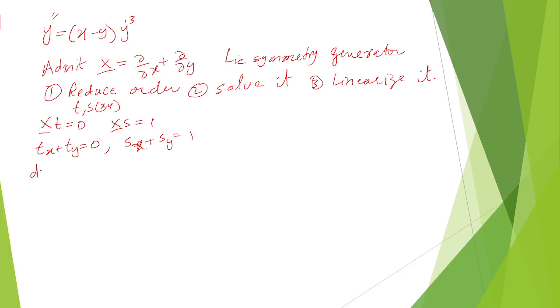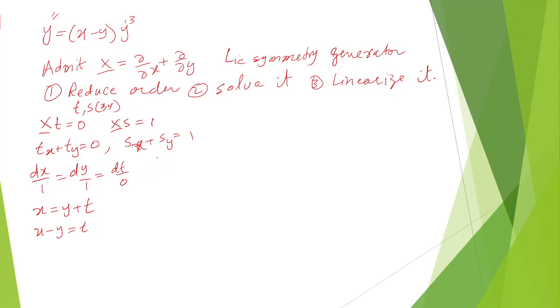So the characteristic equation is dx over 1, dy over 1 and dt over 0. So solving these two equations, solving this first equation will give me x is equal to y plus some t. So this is x minus y is equal to t.